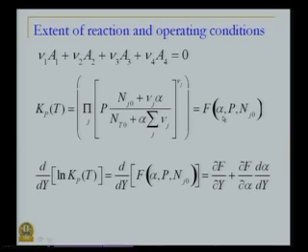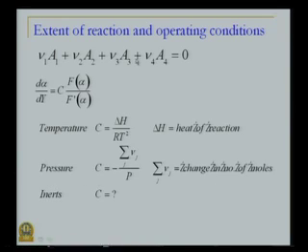Then we can take a derivative of f, and since operating conditions also appear in f, we can express it as del f del y, the partial, plus how f depends on alpha and how alpha depends on y. So, if we now take these two together, we get the following.